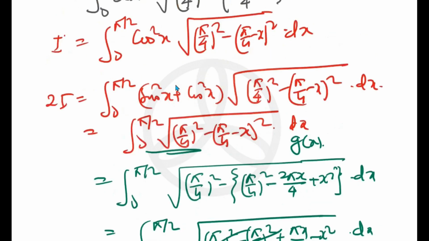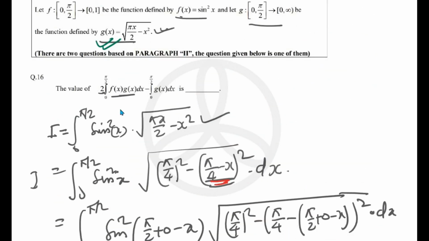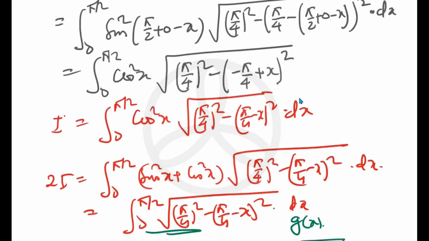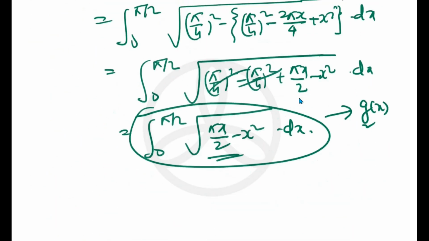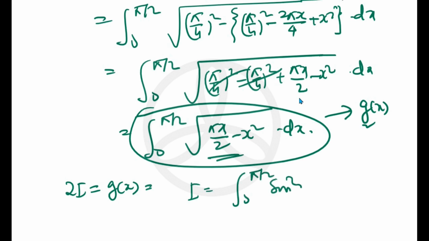Now what we have to compute in this is to find the integral of 2 f(x) g(x) dx. We have just found that 2I is equal to g(x). We had assumed I is equal to the integral from 0 to pi of sin square x.